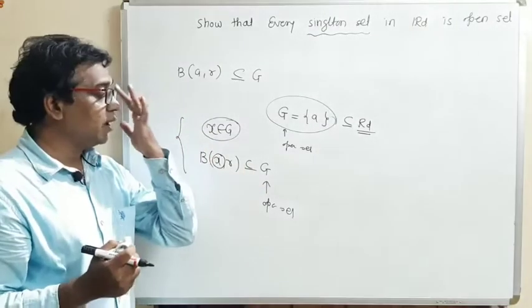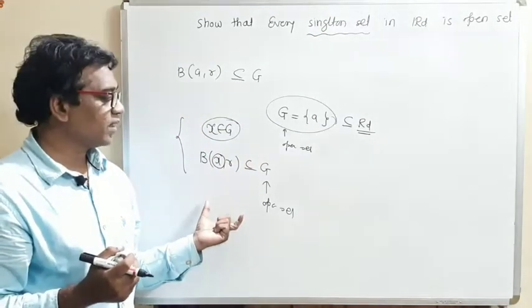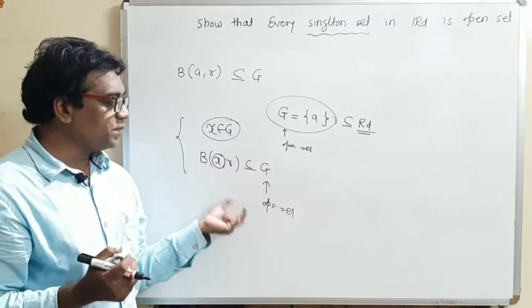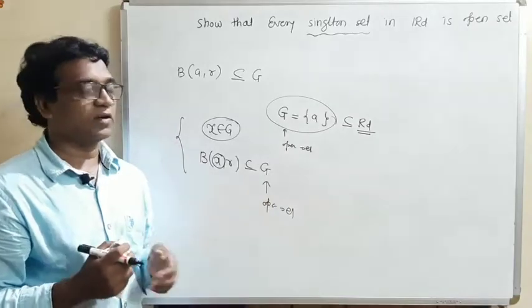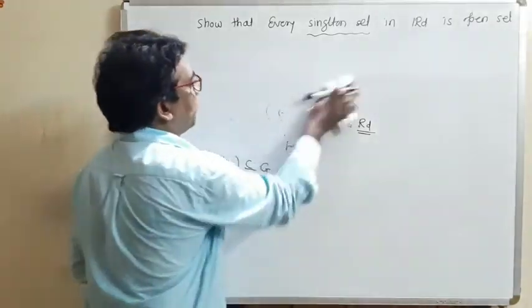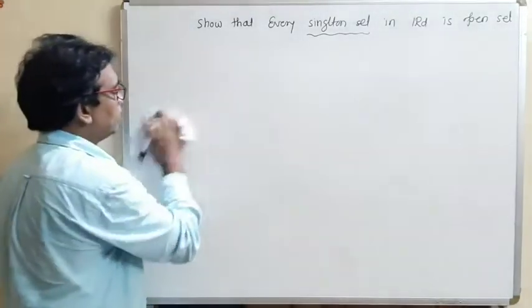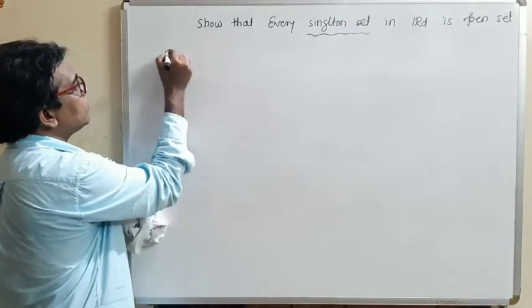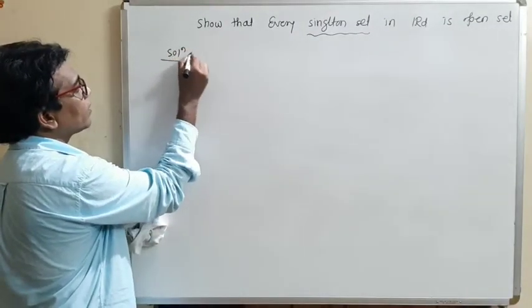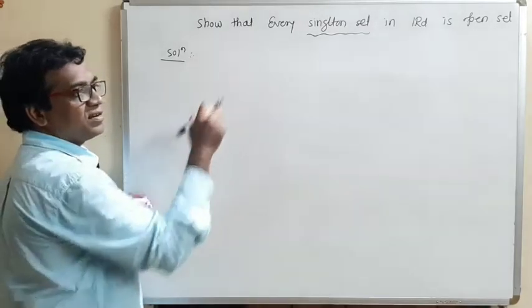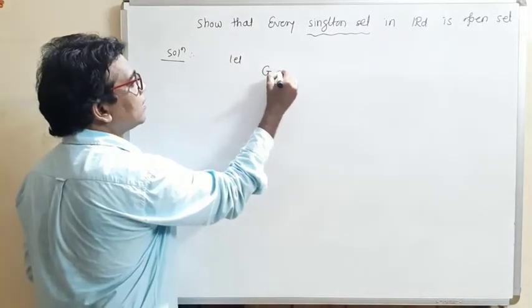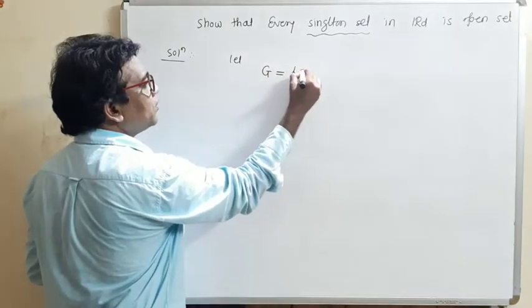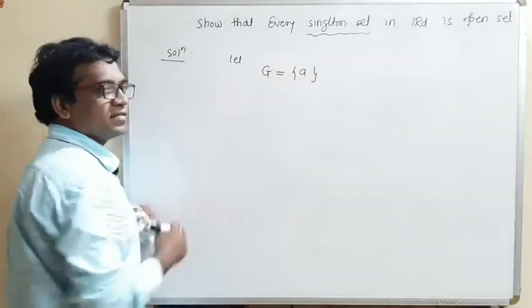How to show that any set is an open set? Find some open sphere which is a subset of G, and then G is called an open set. So write down the proof. So this is the solution. Now consider the singleton set. So write down, let G be equal to this singleton set.